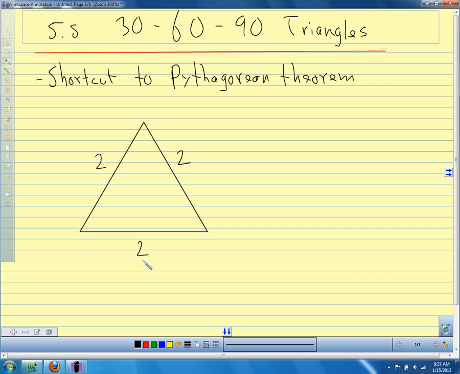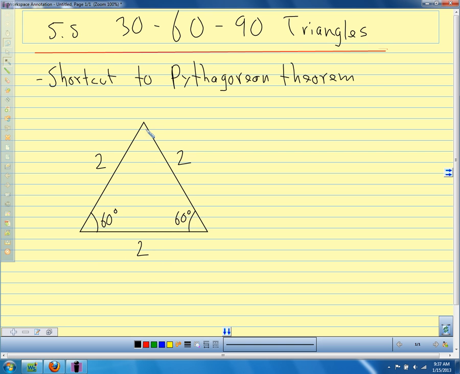They all add up to 180, and all of the sides are the same. So what does that tell us about all the angles? They have to be the same, so each one has to be 60 degrees. Sides are the same, all the angles are the same. So this is 60 degrees.